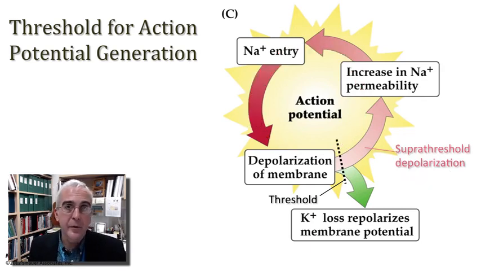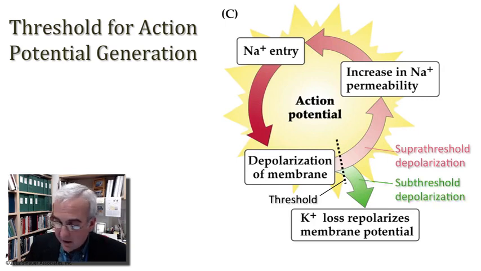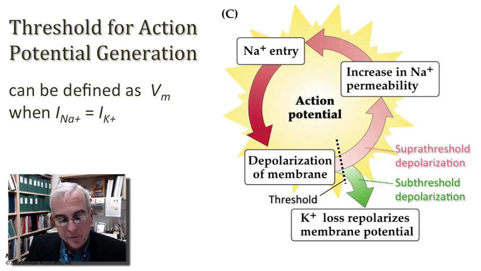Now we can also move the cell in the depolarizing direction away from rest and not hit the threshold for firing an action potential. That would be what we might call the subthreshold depolarization. So what's the difference? What's the difference between a depolarization that achieves threshold and one that doesn't? Well, the difference is whether that depolarization crosses threshold.